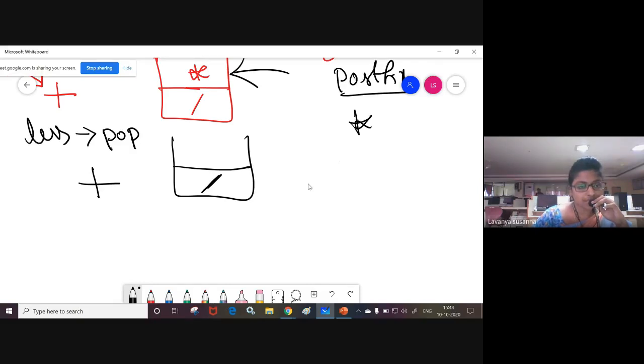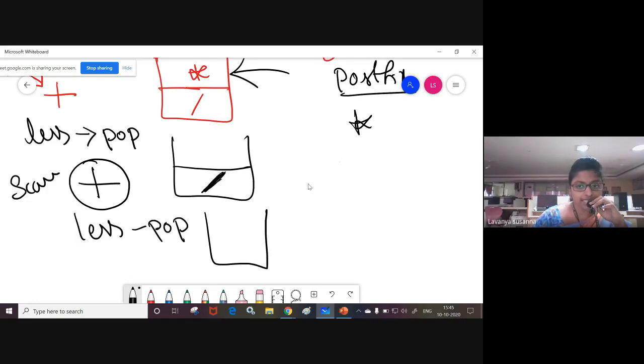What is the precedence of the scanned symbol? Less, right? It is less than the precedence of divided by. Here the precedence of divided by is greater, and the scanned symbol plus has less precedence, so you need to pop it and add it to the postfix array. If there are any more operators in the stack, you need to compare again. But after deleting divided by, there are no operators.